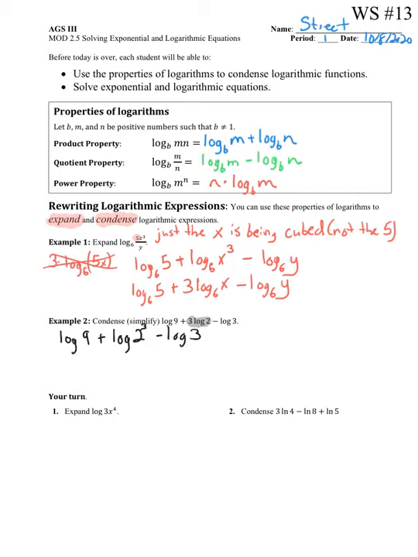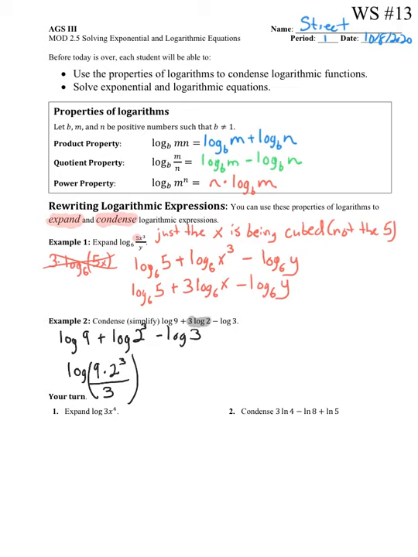All right. And now we can go ahead and condense this thing. We can go ahead and say log of 9 times 2 to the 3rd divided by 3. That's when we rewrite it as a single logarithm.